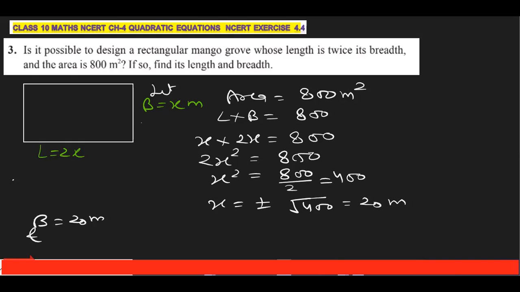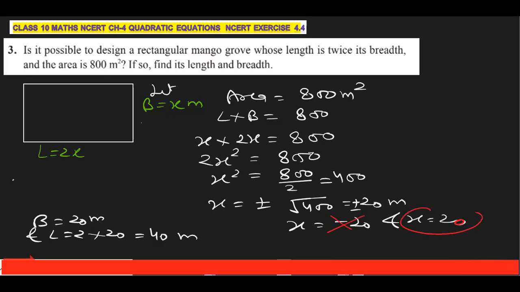Here x is minus and plus. Minus cannot be taken, because length or breadth cannot be negative. So we have to take x positive.